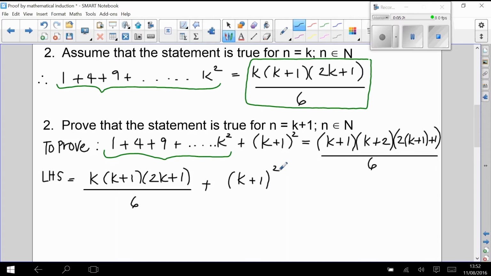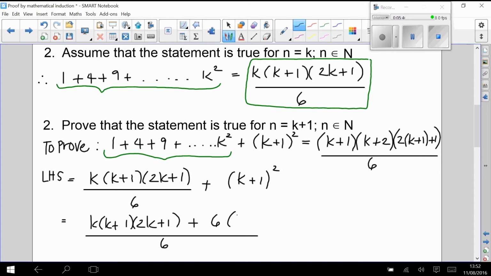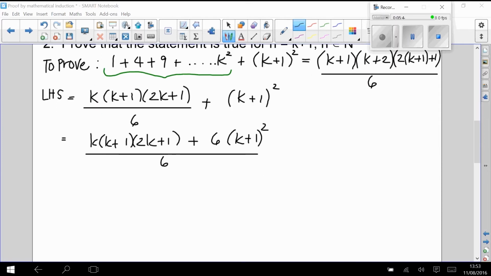As the right-hand side had a common denominator of 6, that is going to be my next step. So in my next step, I'm going to write all of these numbers over a denominator of 6. The first term already had a denominator of 6, so that remains unchanged. The second term needed to be times by 6. And now I need to simplify the expression that I've got so that it can look like the right-hand side of my proof.